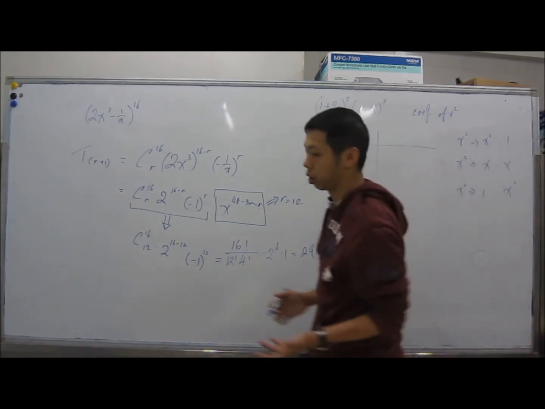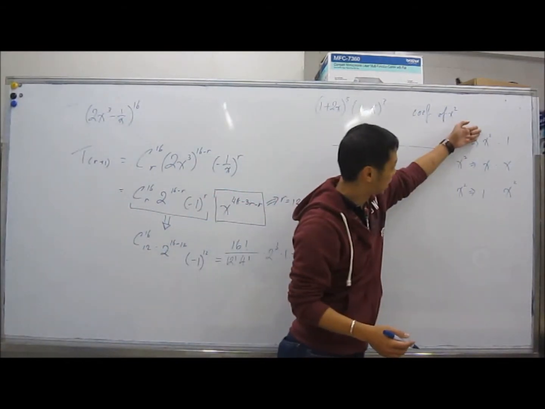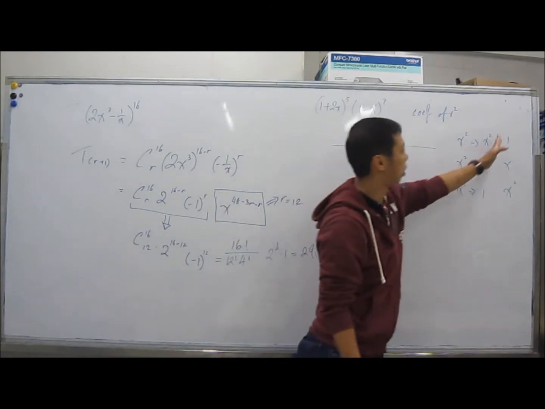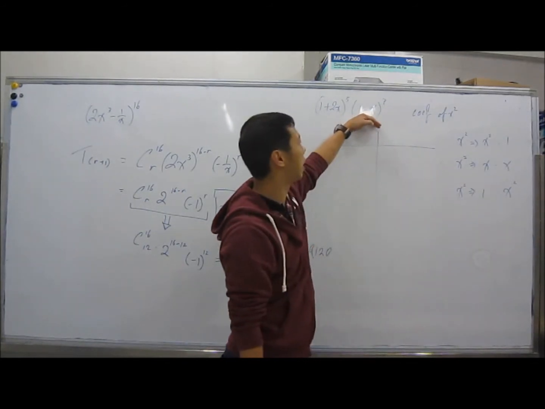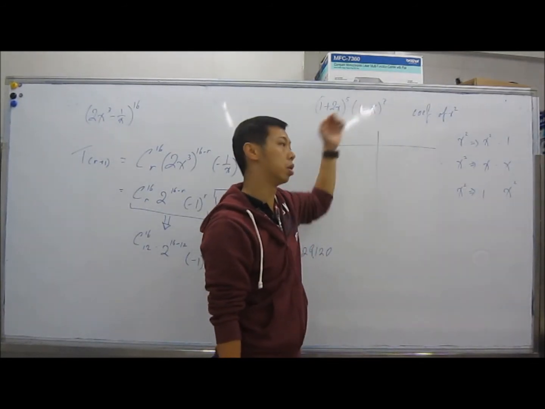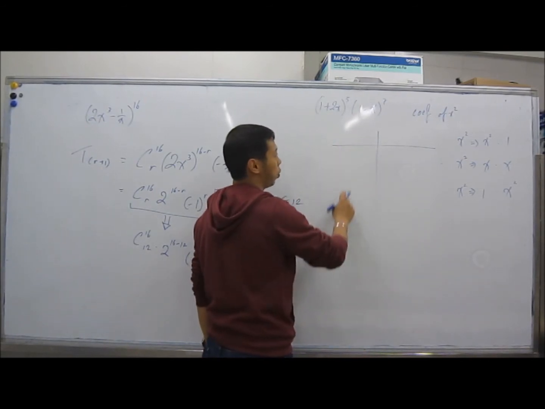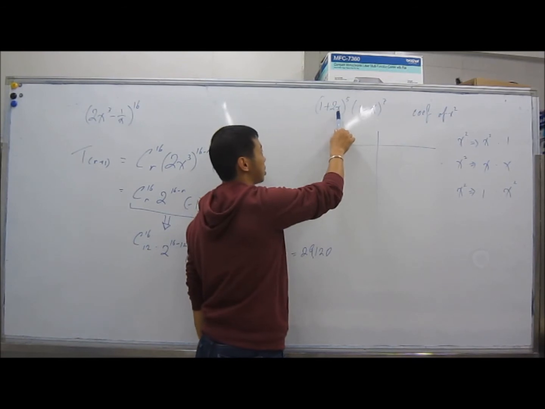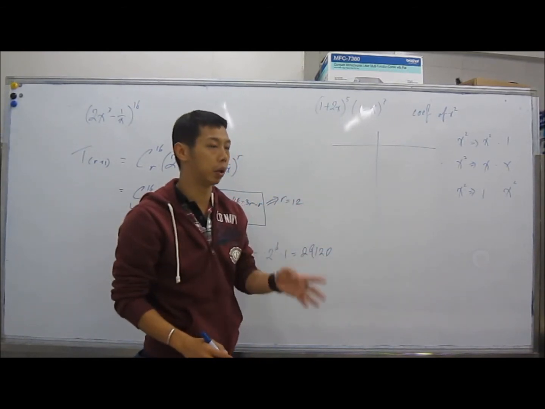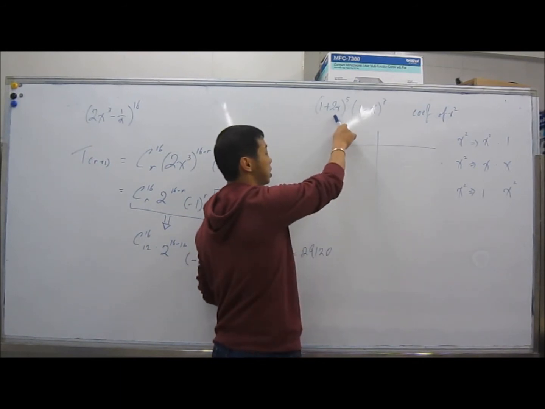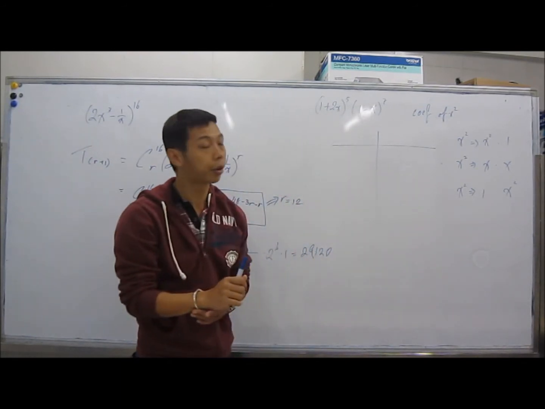Now, for this one, think of the left side as the first expansion, and the right side as the (1 − x)^7 expansion. For this column, we are going to find (1 + 2x)^5, only the x² term. For the x² term, that is easy, r equals 2, the third term.